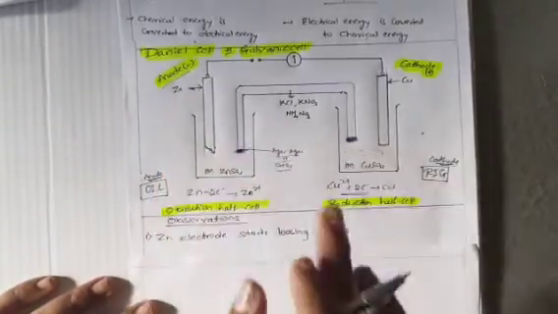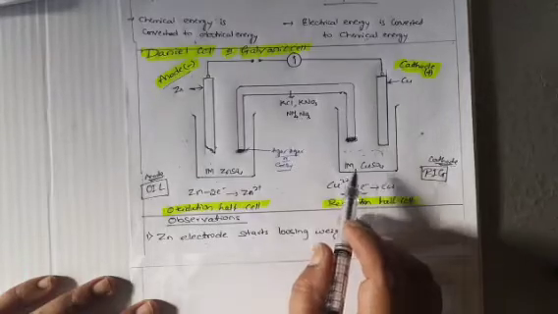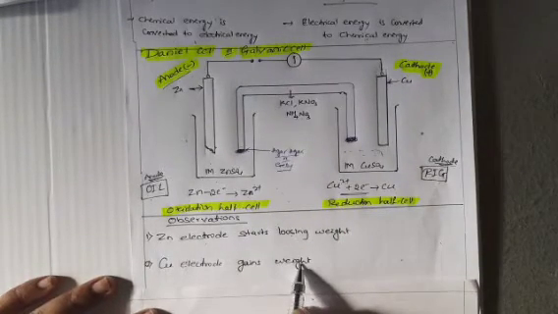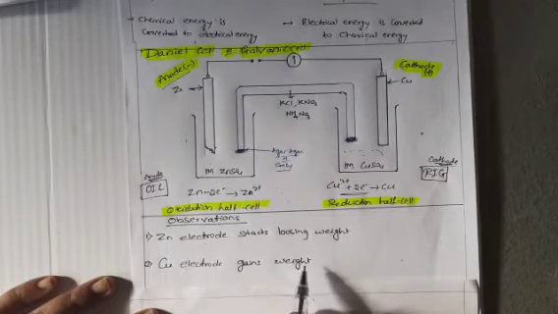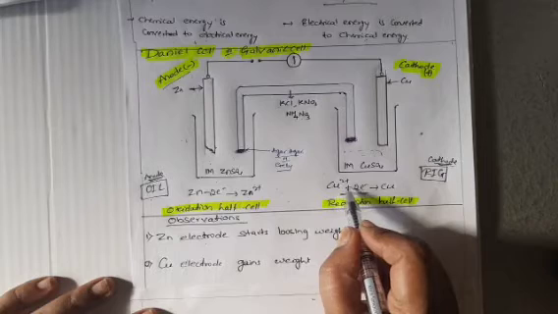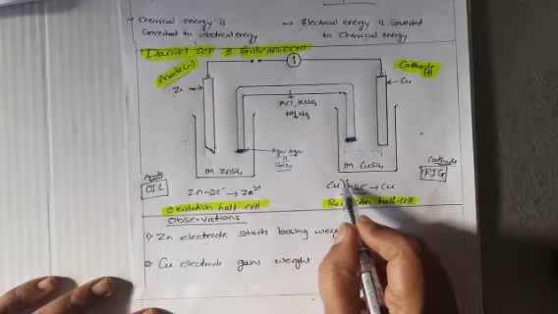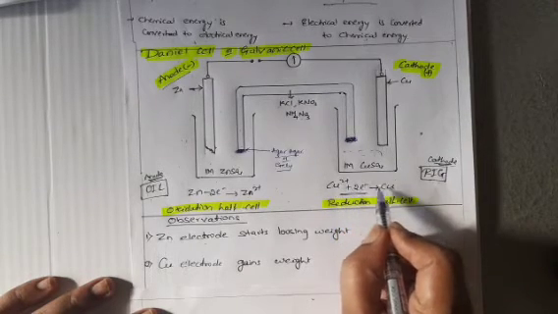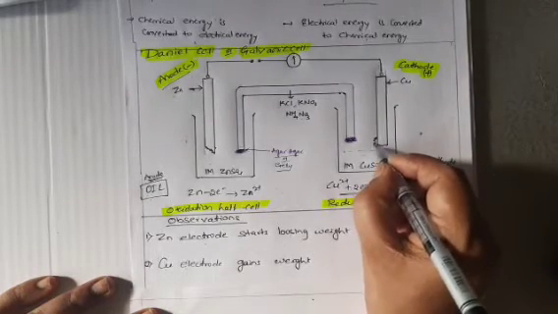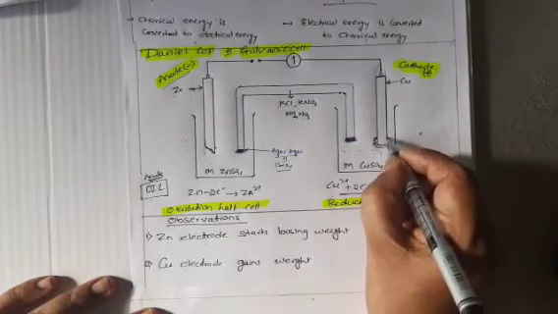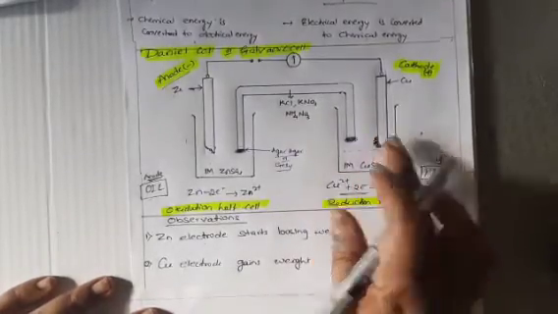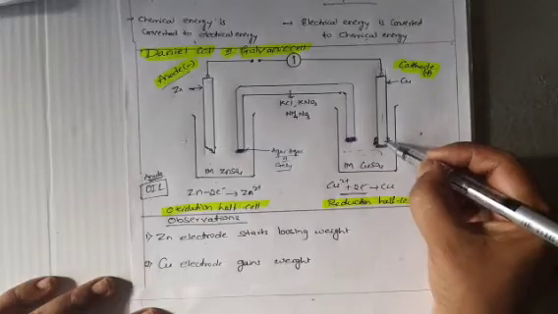And the second observation: the copper electrode gains weight. Why? Cu2+ gains 2 electrons and is converted into copper. That copper accumulates on the electrode and it gains weight.